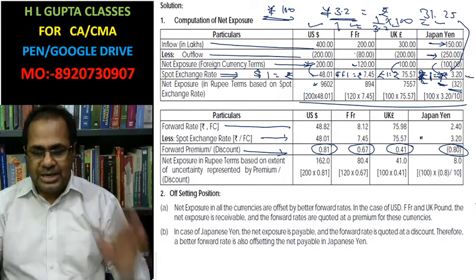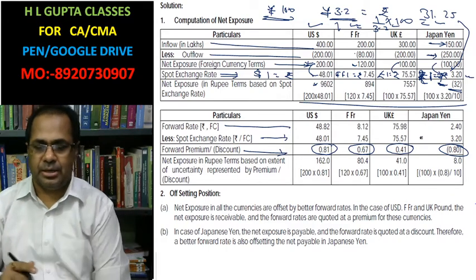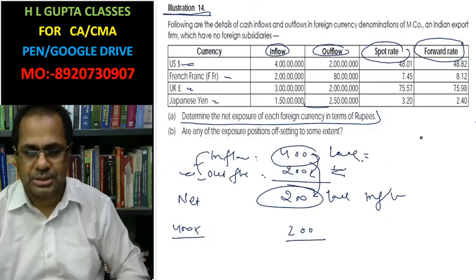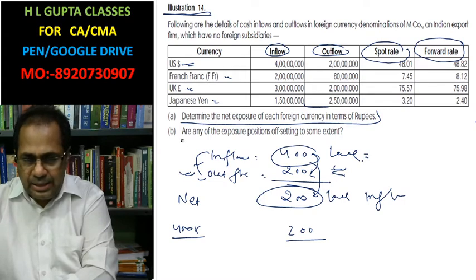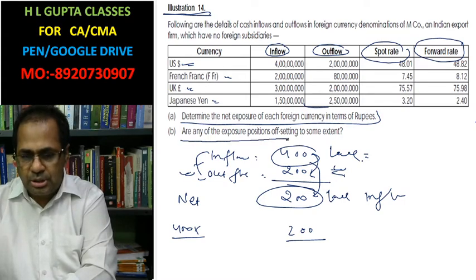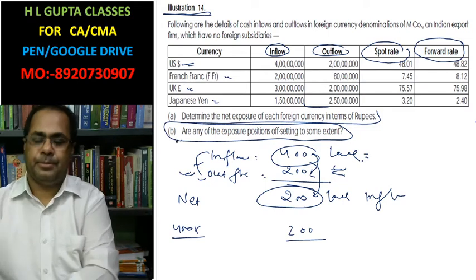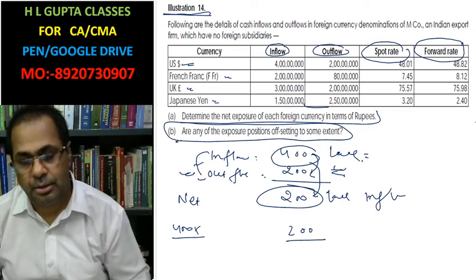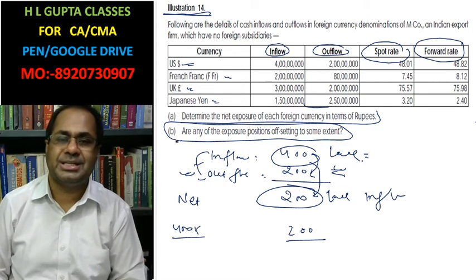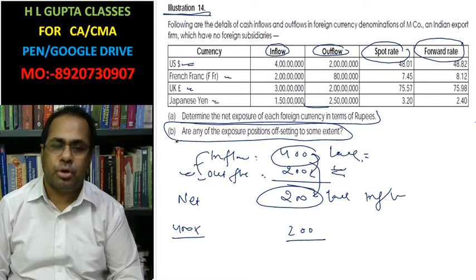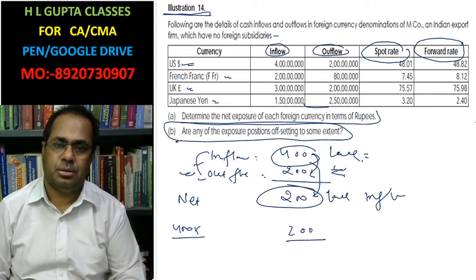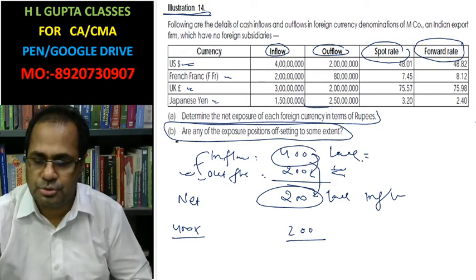That's why the question is asking here in the second case, are any of the exposure positions to be set off to some extent? Yes, the Japanese yen against the rupee is going to be at a discount. That is not best for the payment in yen. That you have to set off.